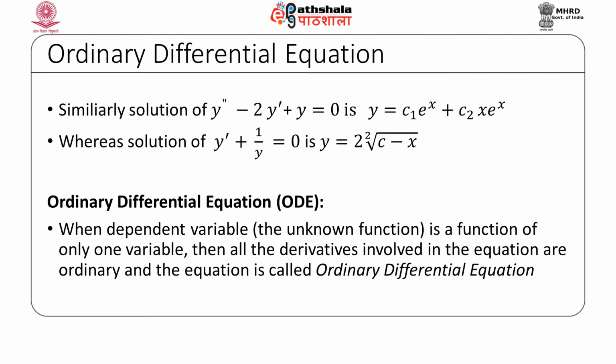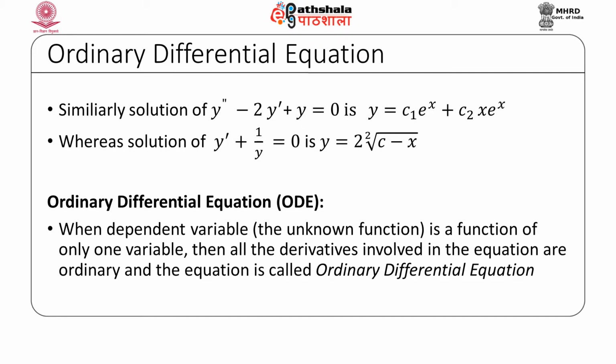All terms should cancel. Similarly, it can be verified, and this is left as an exercise for you. So, y equal to 2 times square root of c minus x: here the equation has only a first order derivative, so there is only one constant c. So, y dash plus 1 by y equal to 0 is satisfied by y equal to 2 times square root of c minus x.